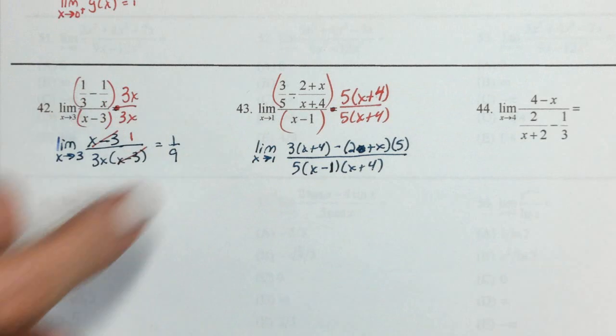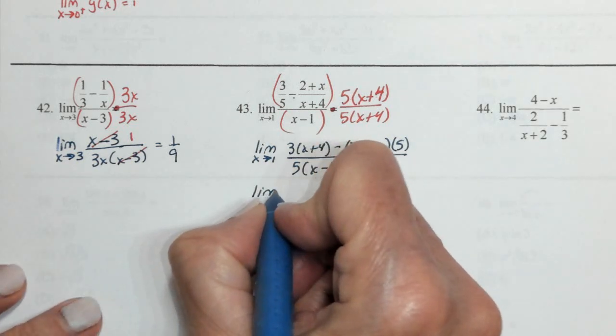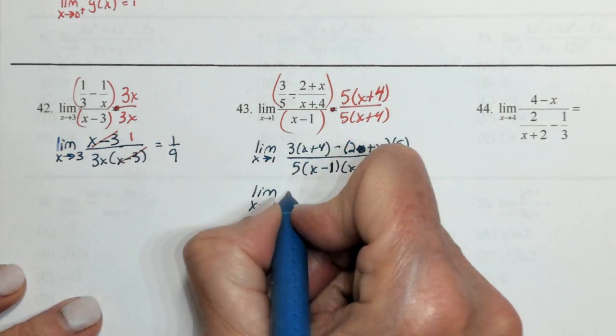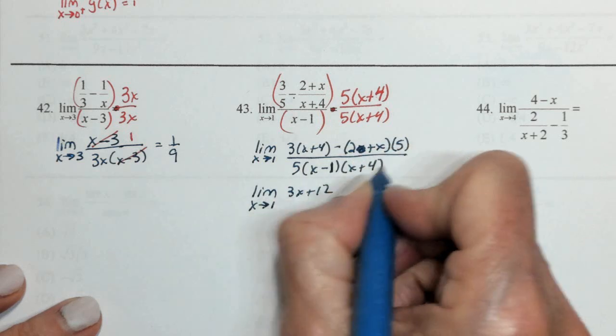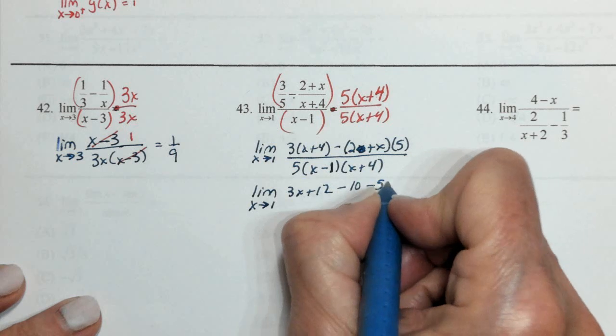I'm not going to multiply those out because I want it in factored form, because I want to get rid of my common factor on top and bottom. So up on top, I have 3x plus 12. On the bottom, I have negative 10 minus 5x.